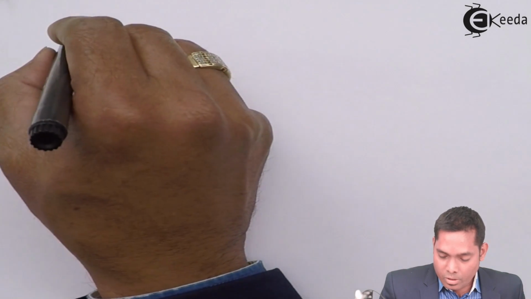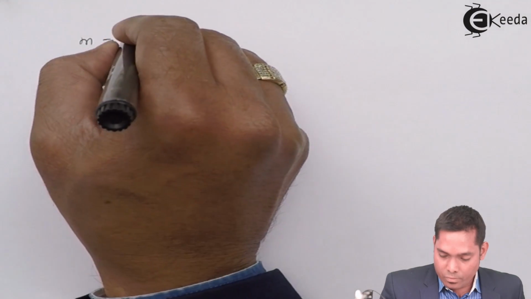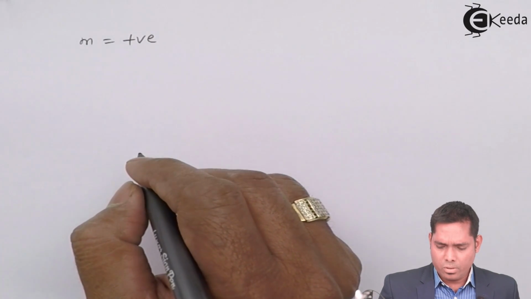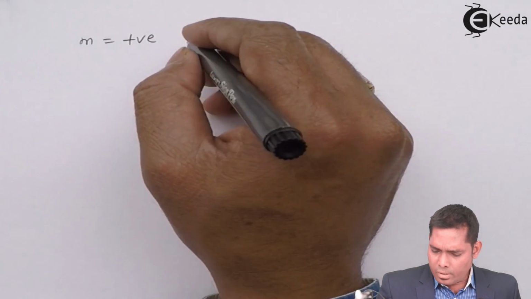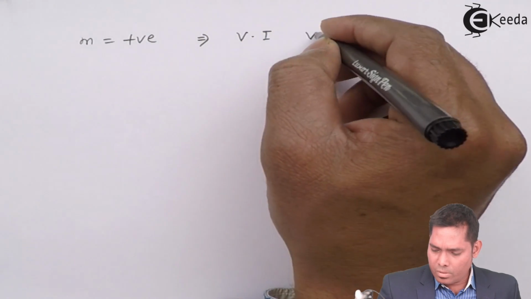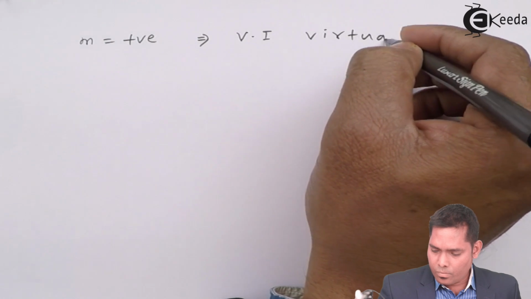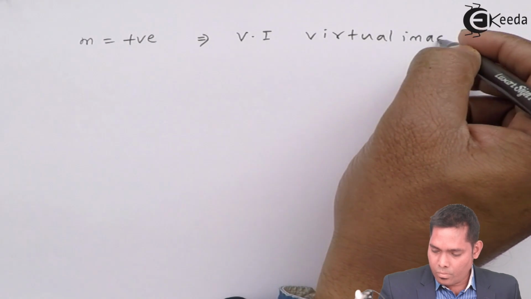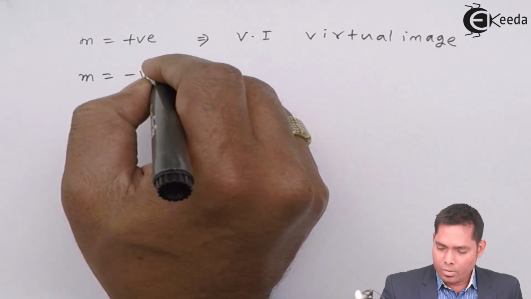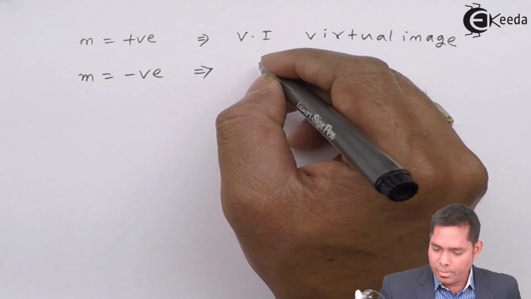I know that if m is positive, that means magnification is positive, then that implies a virtual image. If magnification is negative, this implies a real image.